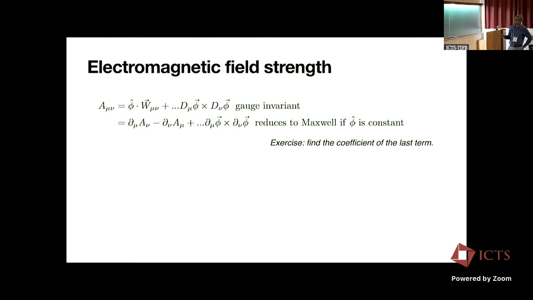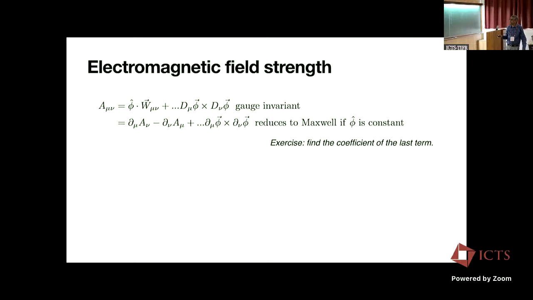When you open out the covariant derivatives and write things again, this turns out to be d_mu A_nu minus d_nu A_mu plus some coefficient times the ordinary derivative of phi cross the ordinary derivative of phi.